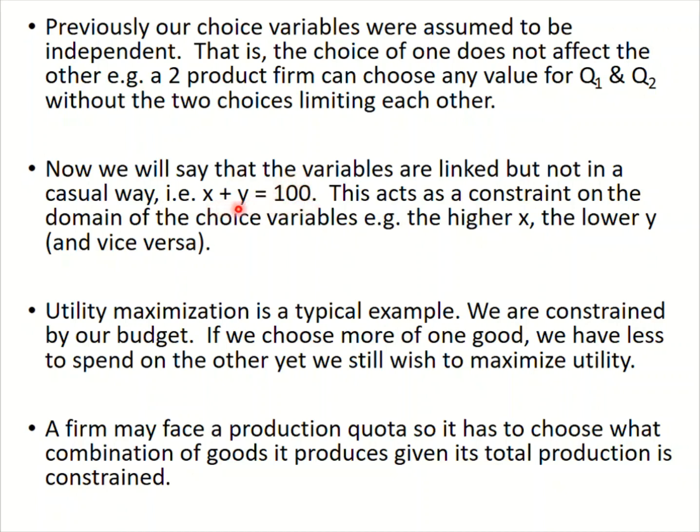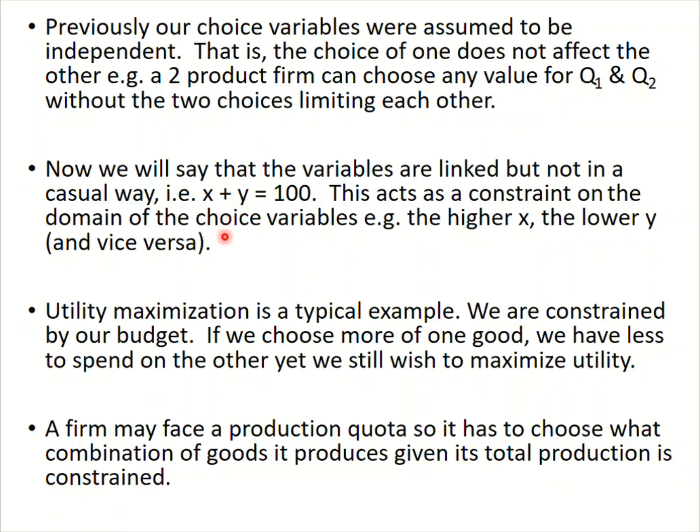X plus y cannot exceed 100. So the more we have of x, the less we have to have of y. Okay, and obviously vice versa. So that is how we now are dealing with a situation where the two variables are going to be linked.